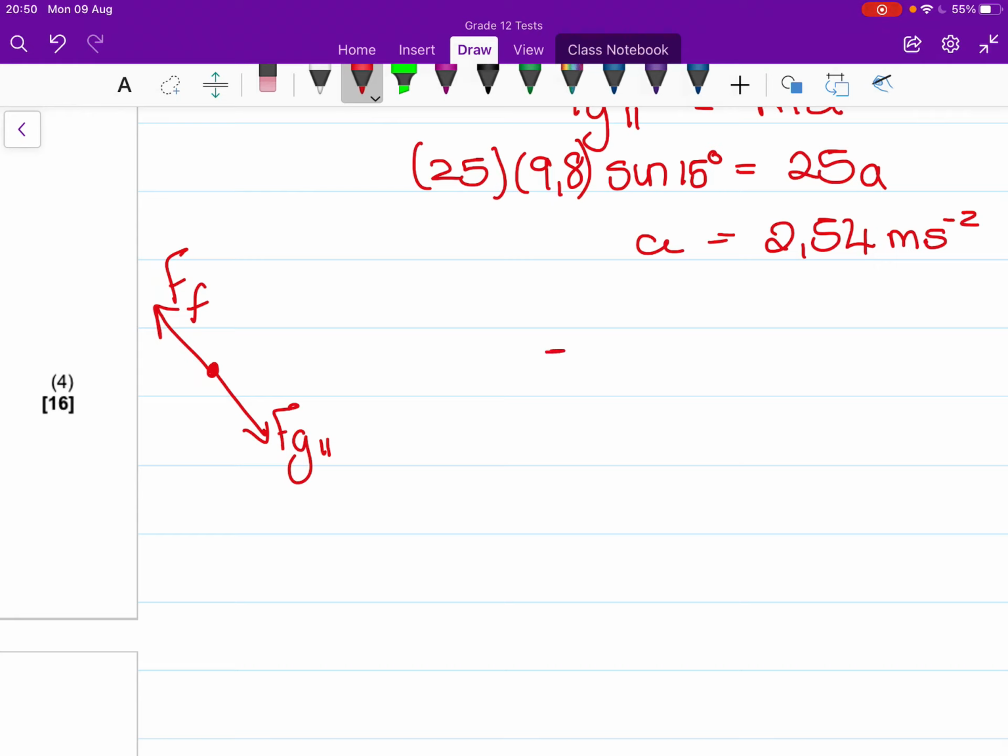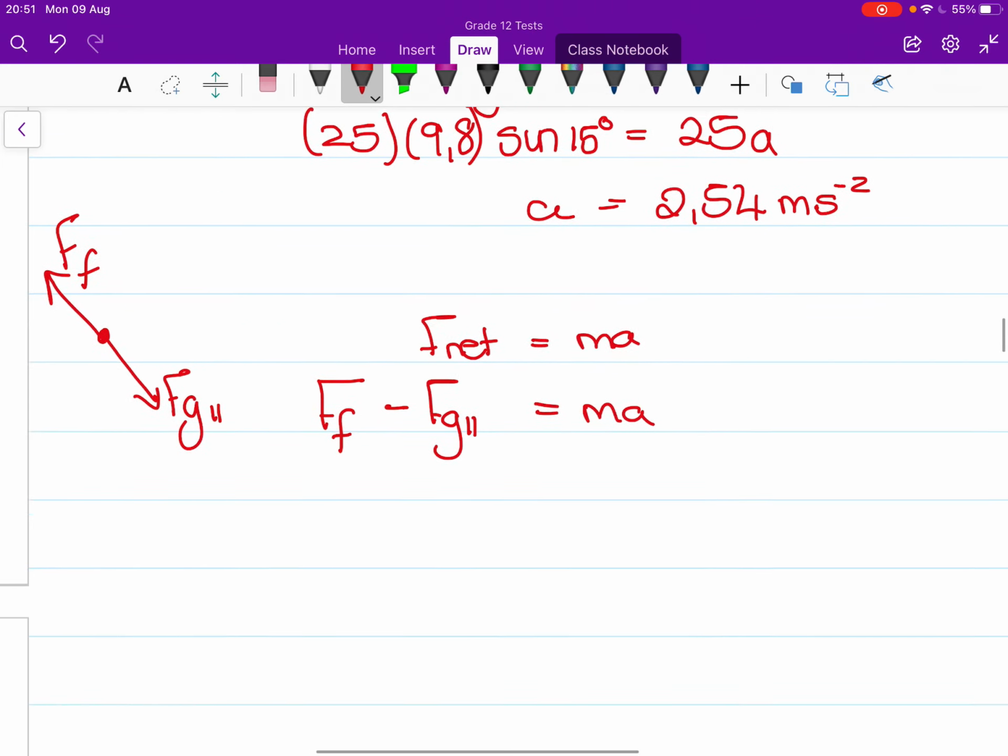Okay, we know that F net equals MA. It's slowing down. So friction is bigger than FG parallel. Okay, if you're going to go that way around. Right? What a lot of you did is, and I'll do the second option in a second, so this equals MA.